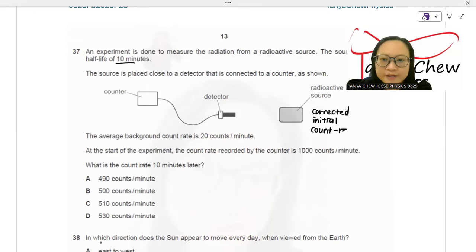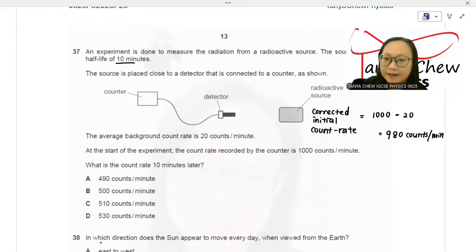Corrected initial count rate is the count rate due to this radioactive source only. So it is the detector reading minus the background radiation. So you get 980 counts per minute, that is the initial count rate due to radioactive source.